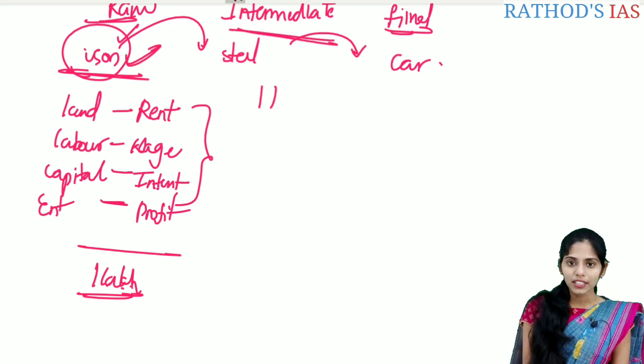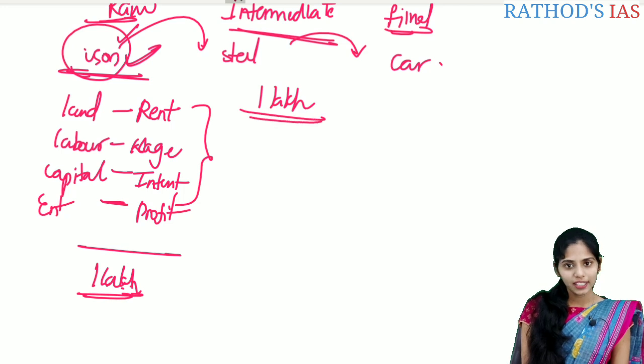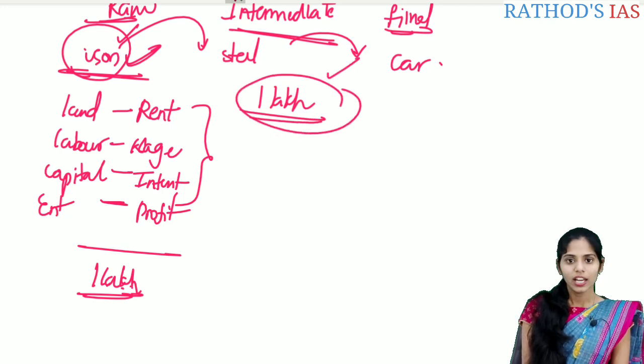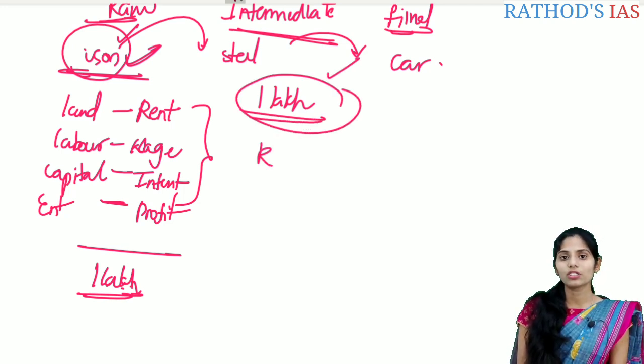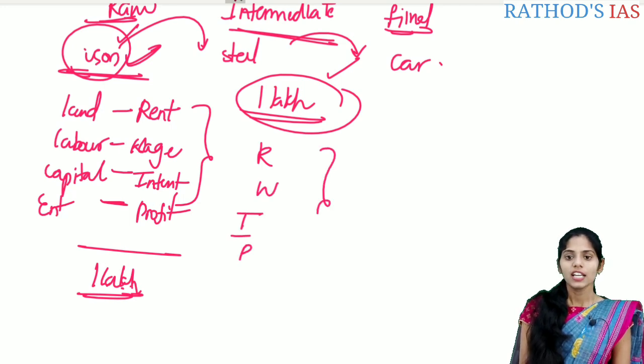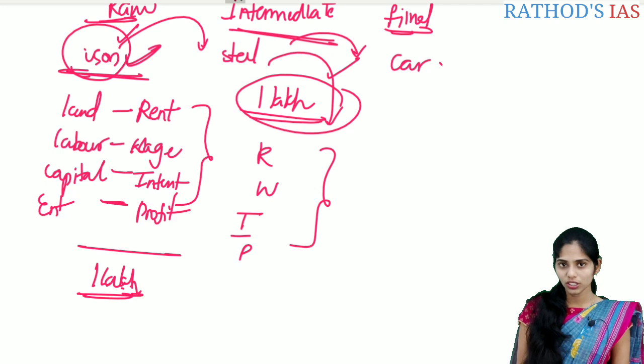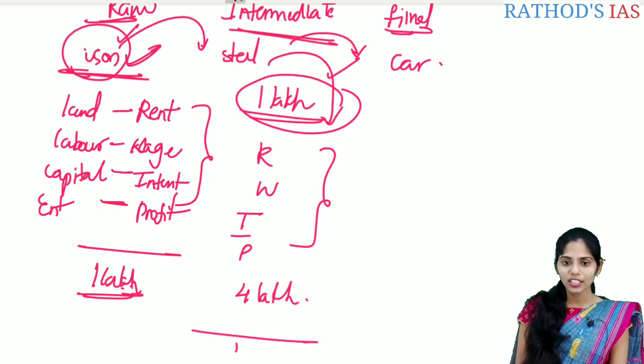So this will be the raw material here, that is the iron ore, and by using these factors of production like rent, wages, interest and the profit, he will make this iron into the steel. So the final output value of the steel, for example, we can say it is 4 lakhs. So the total value here is 5 lakh rupees by adding this raw material to this steel company.